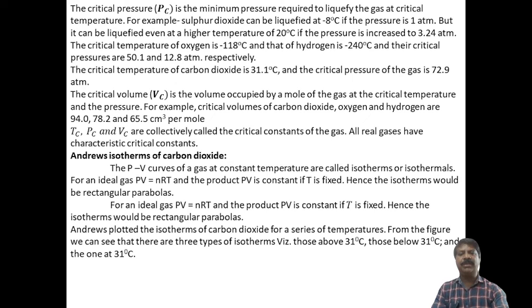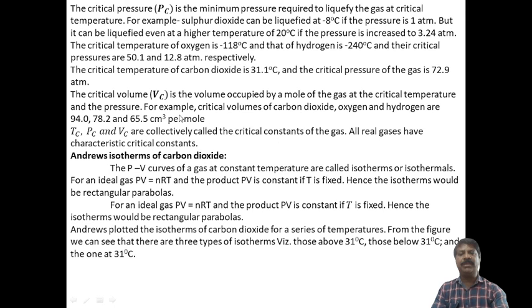You have to be able to explain this. For example, the critical volumes of carbon dioxide, oxygen and hydrogen are 94.0, 78.2 and 65.5 cubic centimeters per mole, and these are all called critical constants.